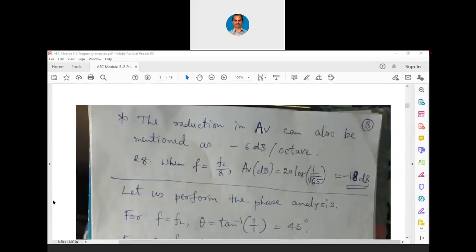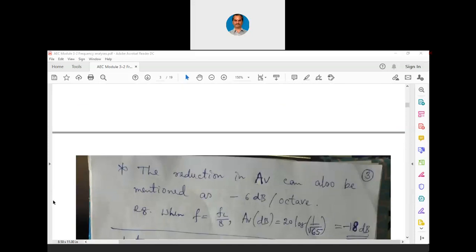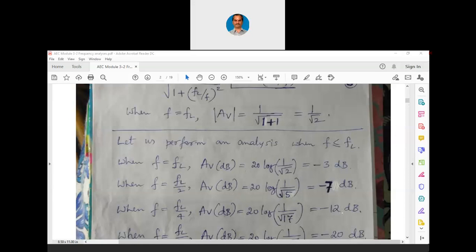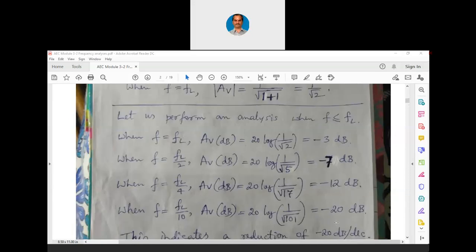So, for this first order system, we can say that the reduction in the voltage gain will be 20 dB per decade or 6 dB per octave. You can see here for fL by 8, we get minus 18 dB, whereas for fL by 4, we got minus 12 dB. So, minus 12 minus 18 is around minus 6 dB. Here I had told you I have rounded off to minus 7.